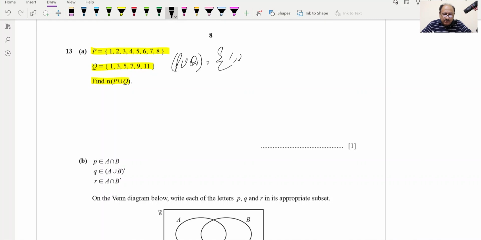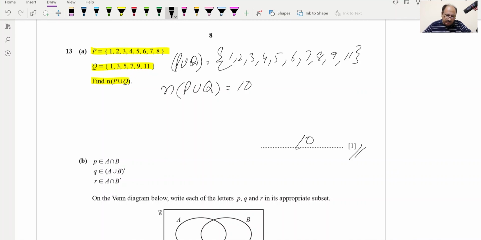So 1 2 3 4 5 6 7 8 9 10 is not there, and 11 we will write like this. Now how many members are there? Members are 10, so we can write n of p union q means how many members are there? These are 10, so answer will be 10 over here.